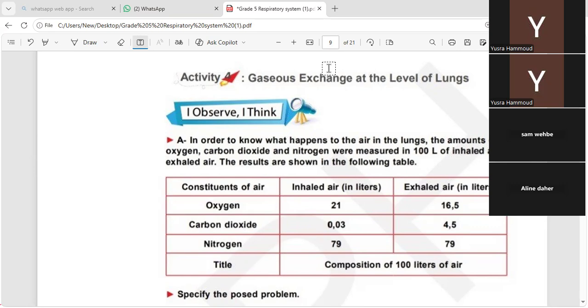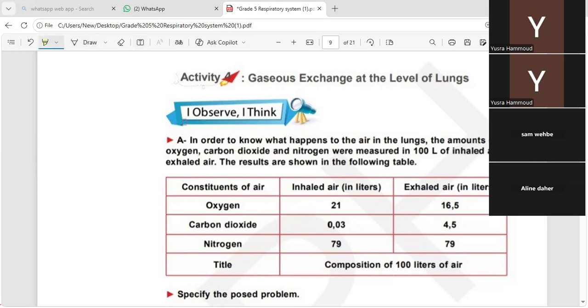So the air finally reached the alveoli. Since it's surrounded by the blood vessels, the blood will come and take the oxygen and give the alveoli the carbon dioxide. In the first part here, we are going to take what will happen to the air in the lungs. Let's start with our lesson.